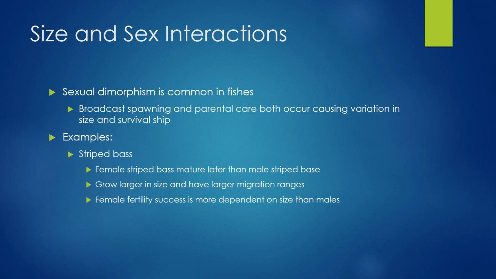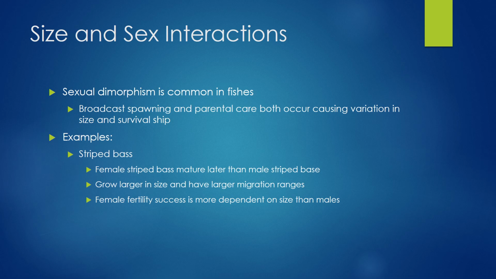Size and sex play a big interaction in differential migration. Sexual dimorphism is very common in fishes. Broadcast spawning and parental care both occur, causing variation in size and survivorship. There are many examples of sexual dimorphism in marine fishes.